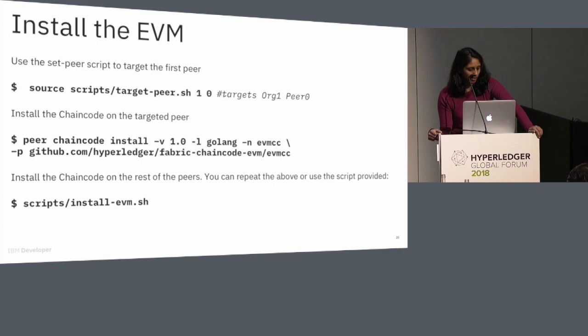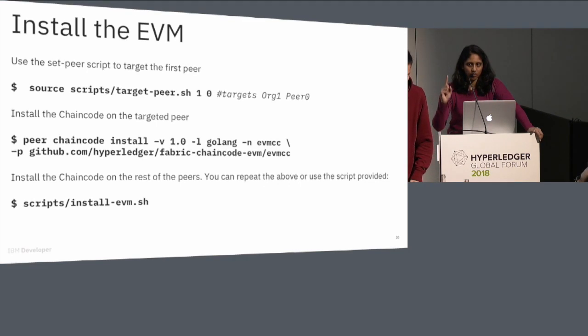It's a Golang chaincode. You want to name it the EVM-CC. This is not a hard rule that you have to install it as the EVM-CC, but it just makes things easier. And if you follow this practice, a lot of the tutorials and things like that will be easy to follow. And then the path: github.com, hyperledger, fabric-chaincode-evm, evmcc.